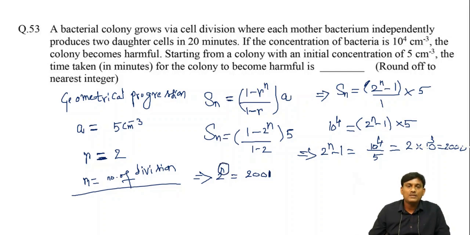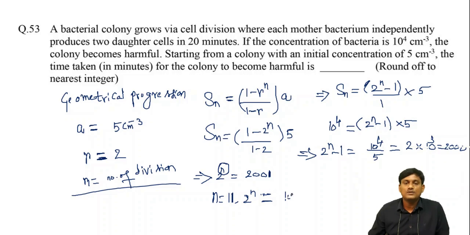So what is the minimum n value? Minimum n value is required for the value 2^n greater than 2001. Suppose if n is equal to 11, what is the 2^n value? We know that 2^10 is 1024, into 2.